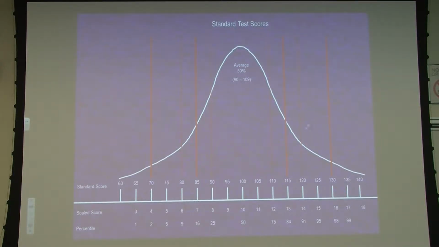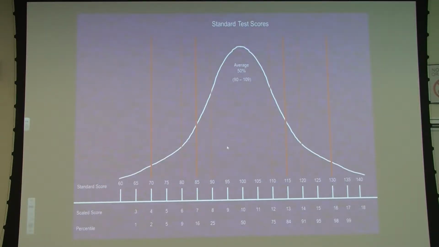So I put up this bell curve, okay? And here's what I say. On a standardized test, the way a test is standardized is the test manufacturer goes and gets a large sample of students and they test them. And then I say, the bell curve represents the sample.